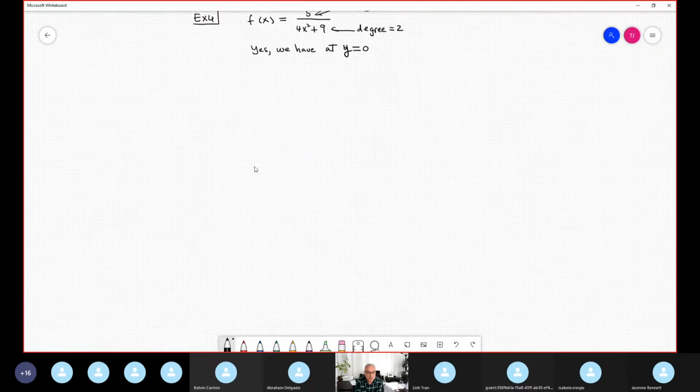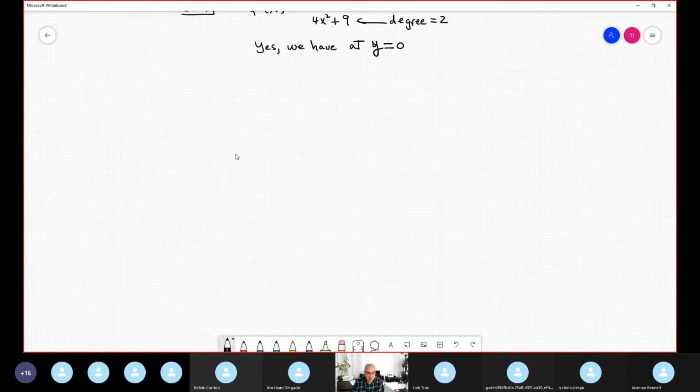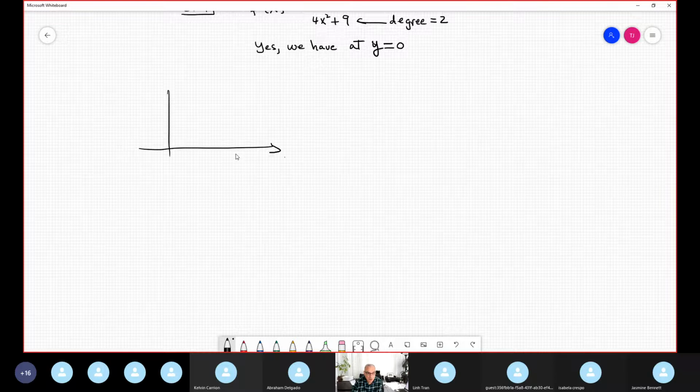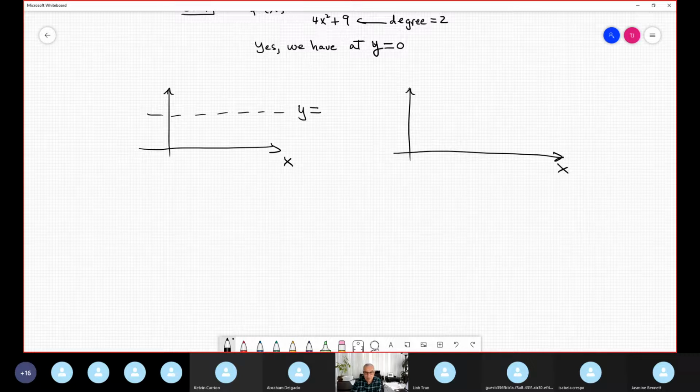Sometimes the curve, okay, look, suppose this is the horizontal asymptote, y equals something, I don't know, and we have a vertical asymptote here, x equals something. The curve never touches the vertical one. It approaches but never touches.